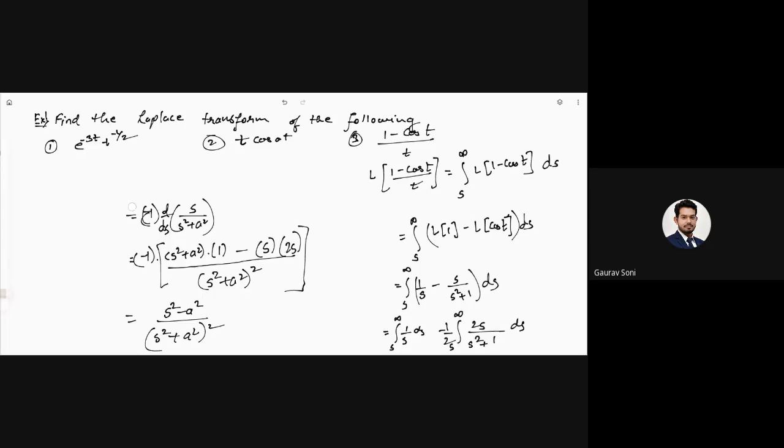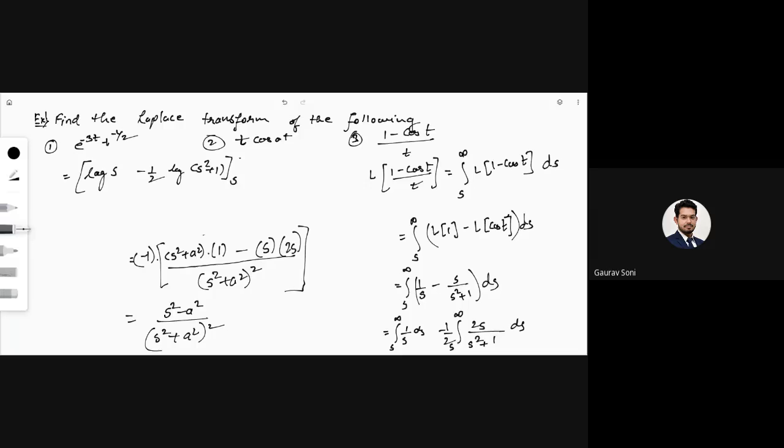So integrating, we'll have log s minus 1 by 2 log of s square plus 1, with limits from s to infinity.